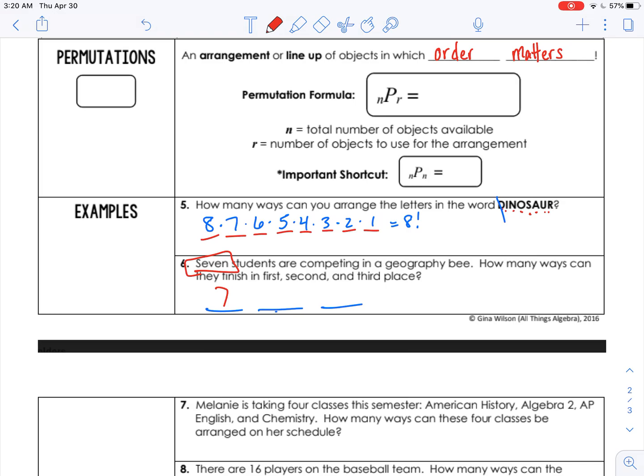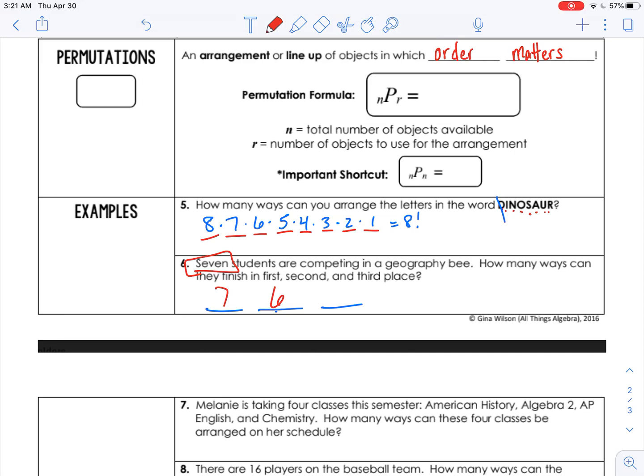Okay, so that kid's out of the running for second. He's won first. But how many kids are left to pick from for second place? Well, I had 7. I've lost 1 because he has first place, or she has first place. Well, then I can pick from 6 kids for second place.